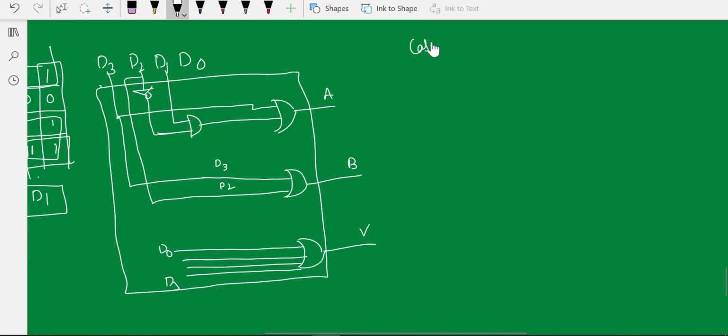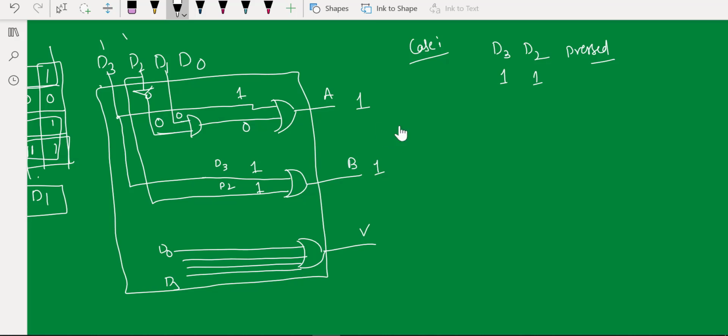Let's take case 1. In case 1, let us assume D3 and D2 are pressed. That means both are 1 1. Both are pressed at the same time. In this case, your D3 is 1, D2 is 1. So you're going to get D3 1 here, D2 bar will be 0, this also 0, 0 0 will be 0, 0 plus 1 will be 1, and D3 is 1, D2 also 1, you are going to get 1.